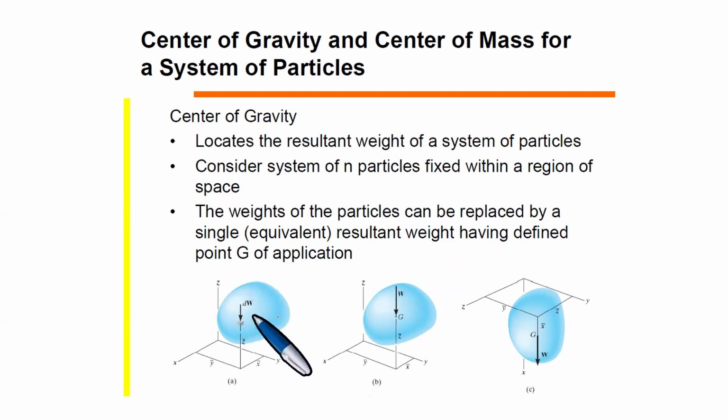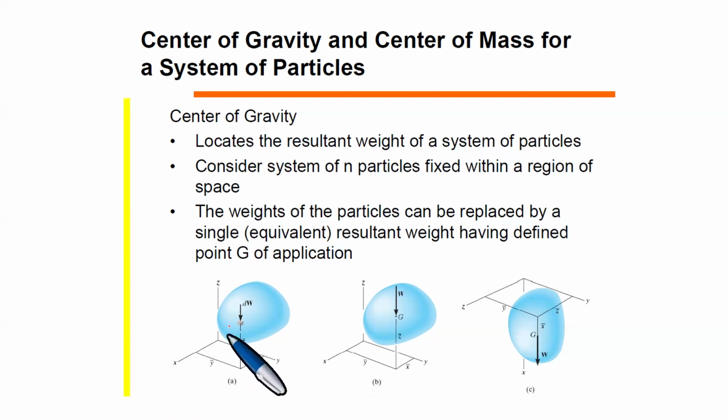Now, you take a simple particle. If you take a simple particle, you are able to find parallel distances. The distance parallel to the y-axis is called y tilde. The distance parallel to the x-axis is x tilde.